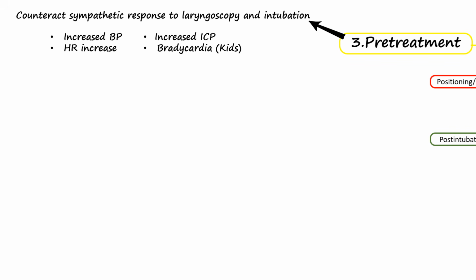In pediatric patients, stimulation during laryngoscopy or tube placement can trigger a parasympathetic response leading to abrupt bradycardia or even asystole. So pretreatment is considered in patients at risk of raised intracranial pressure, significant sympathetic stimulation, or bradycardia.